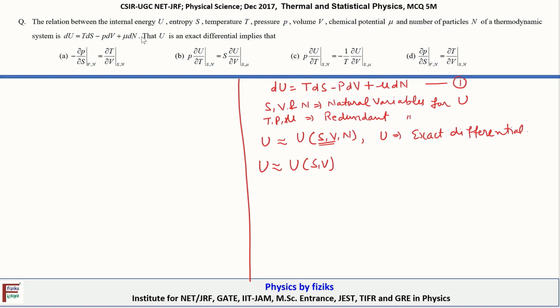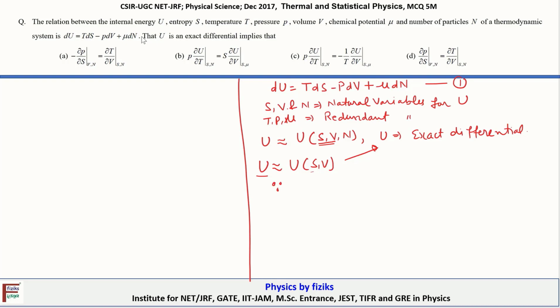Further we will make use of the fact that U is an exact differential. That means if you take the differential of the internal energy with respect to S and V, then the change of the order doesn't influence the final result.